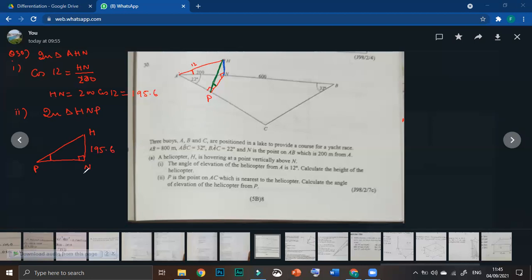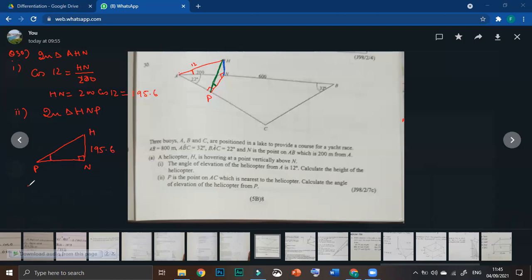It will be the same. What is the reason? First we will find PN from the triangle HAP, and then we will use the triangle with 195.6. Which triangle will we use?